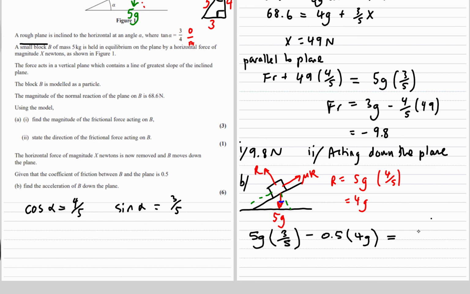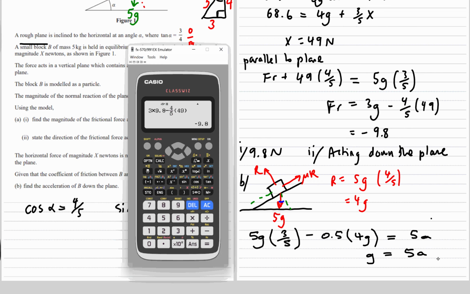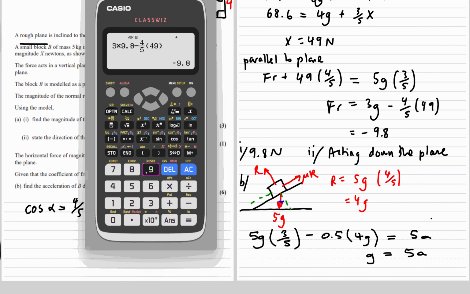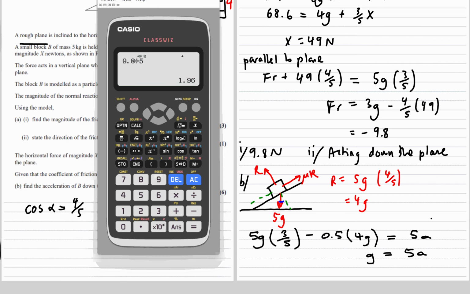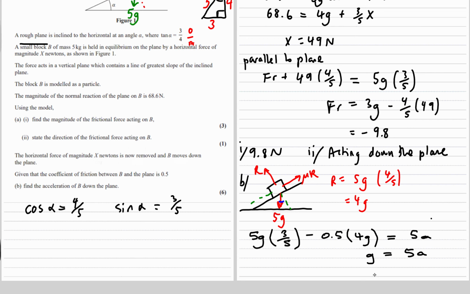That's the resultant force. That equals ma, which is 5a. So we've got 3g, take away 2g, which is g, equals 5a. So a is going to be 9.8 divided by 5, which is 1.96 meters per second squared.